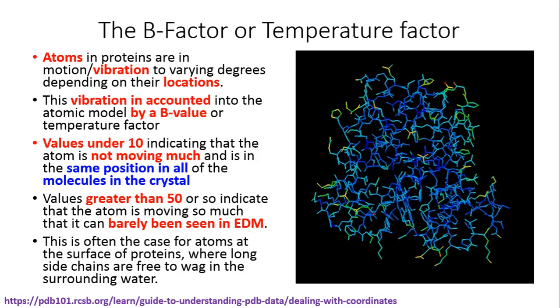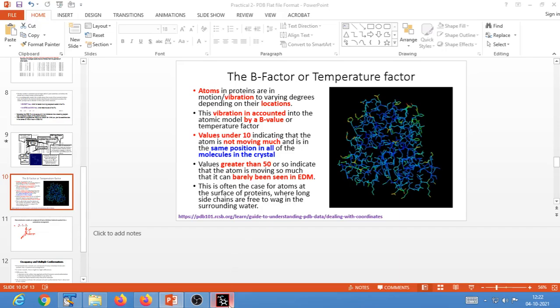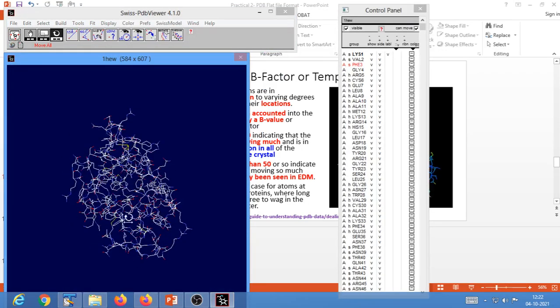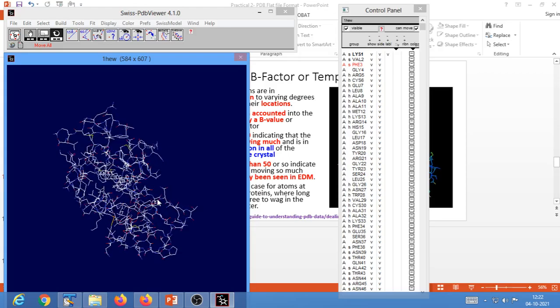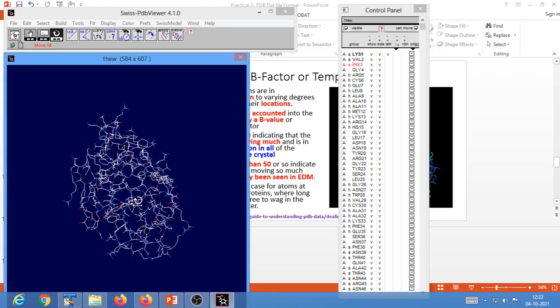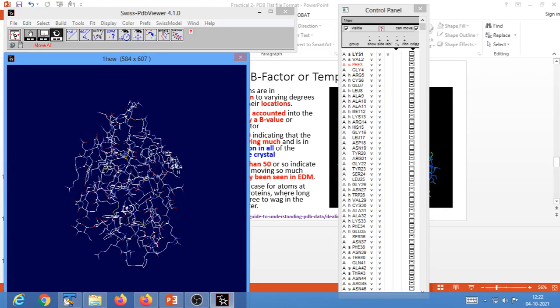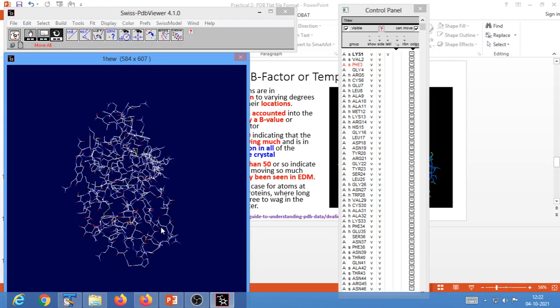Usually the atoms present in the core of your protein do not move much. Why? Because the core is usually stabilized, while the atoms present on the surface of your protein show a bit of movement. The side chains that are exposed to solvent usually show movement.